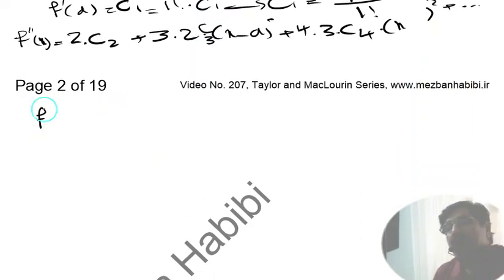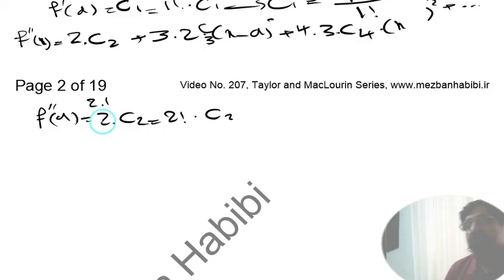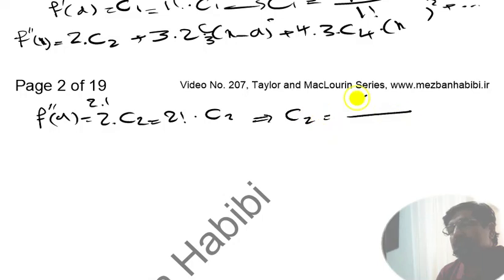So f double prime of a is 2 times c2, that is 2 factorial times c2, because we can write 2 times 1 instead of 2, so c2 is f double prime at a over 2 factorial.